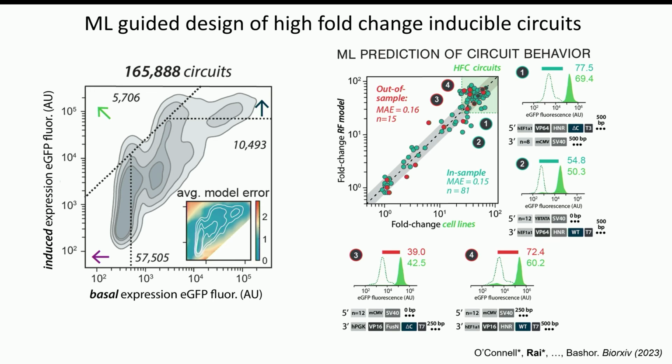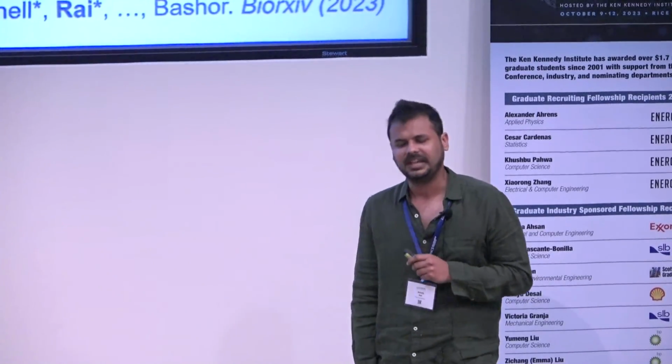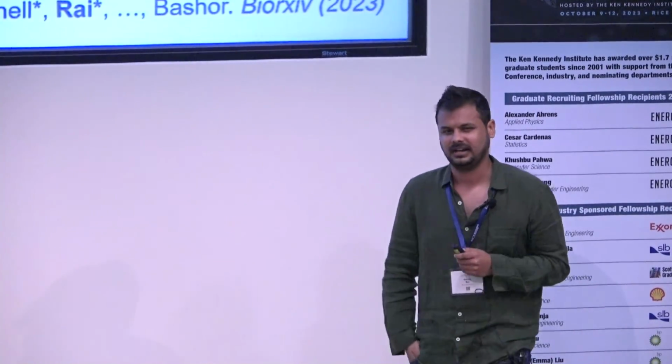And the reason is that we, at the time, before we had access to the data, thought that to make the best highest fold change circuit, you need the best of every part, so the strongest activation domain, the highest expression level. And so using rational design approaches like that, we got some that were like 10-fold or so on, but a lot of them just simply didn't work. And so, yeah, the AI model actually helped build all of those circuits that are in that corner. But yeah, rationally things kind of work, but not as well, I think.